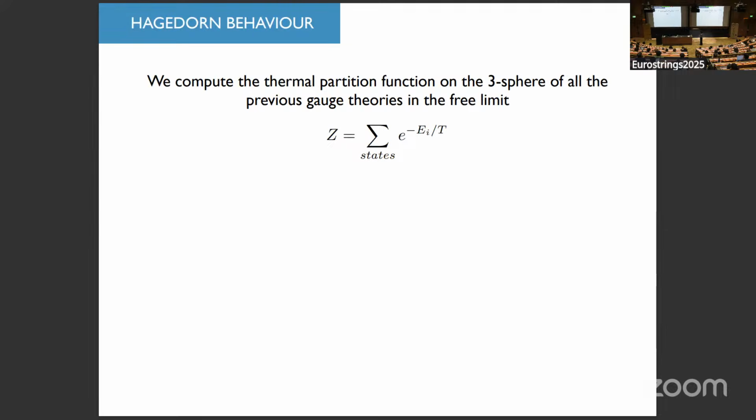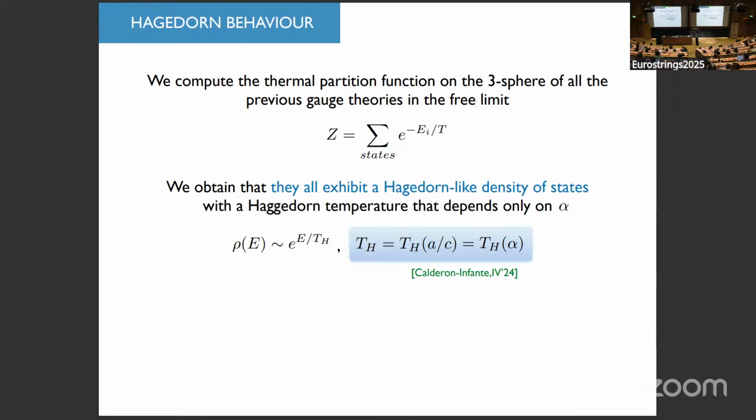So we did two things. First, we computed the thermal partition function on the 3-sphere at the free limit for all these CFTs, including any content of matter, any value of the gauge group, to show that indeed they all exhibit a Hagedorn-like density of states. But when we compute the Hagedorn temperature, it's different for each of these three classes.